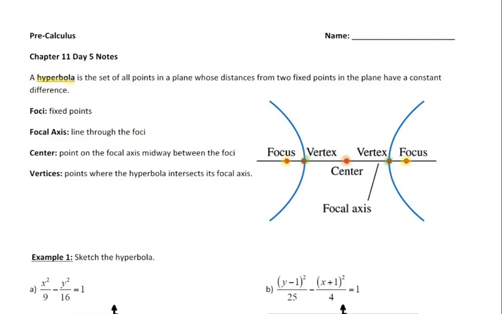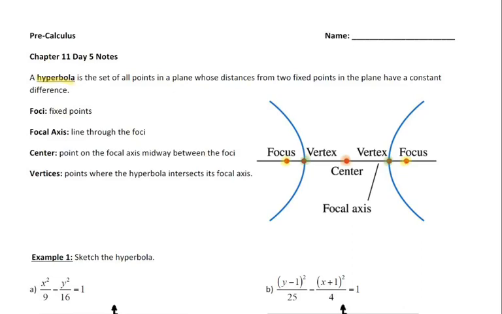The major difference, however, is that instead of a hyperbola being an oval shape like an ellipse, where the foci are in between the center and the vertex, we have two what look to be parabola shapes going in opposite directions, where the focus is further away from the center than the vertex.